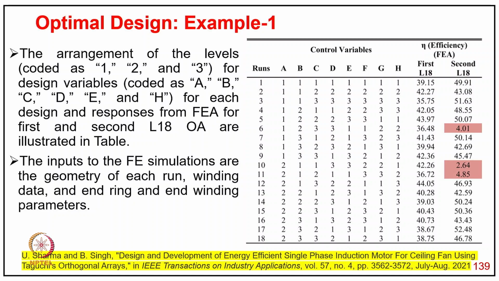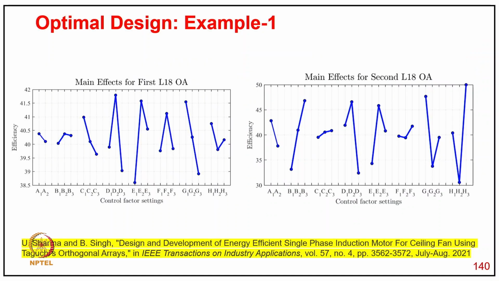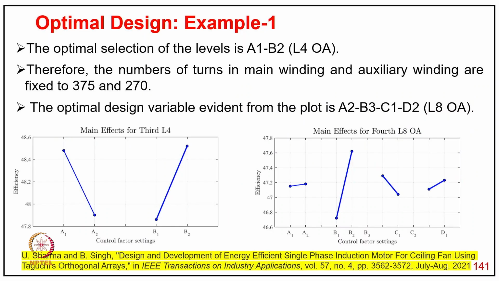Like you can see here, typically how the efficiency is really getting affected in case of your first OA and second OA. And this is typically the main effect of efficiency of control settings, as the main effect of the first OA, and the second typically as the control factors with the main effects of the second OA.